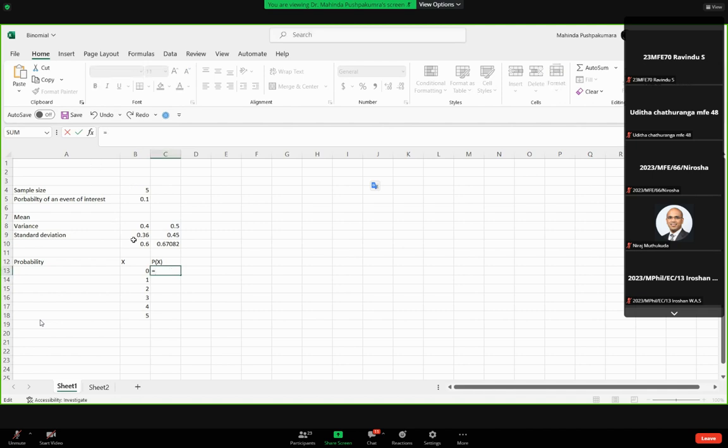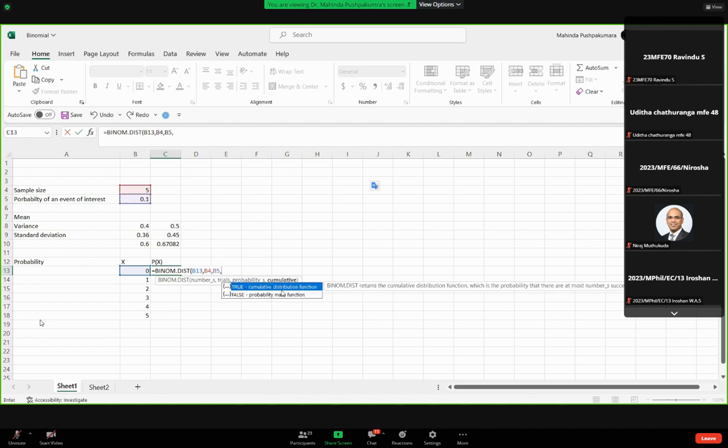Equal binomial. Then the numbers mean x, comma, trial 5, comma, then the probability, comma.